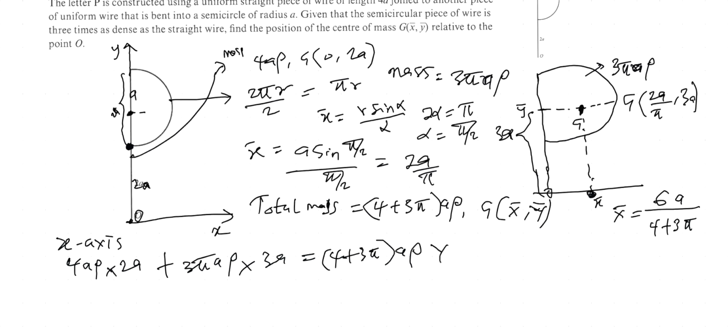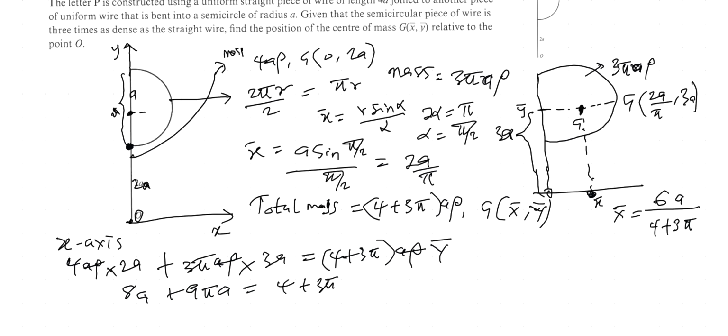I can cancel the rhos, and I'll be having 8a plus 9 pi a equal to 4 plus 3 pi, y bar.